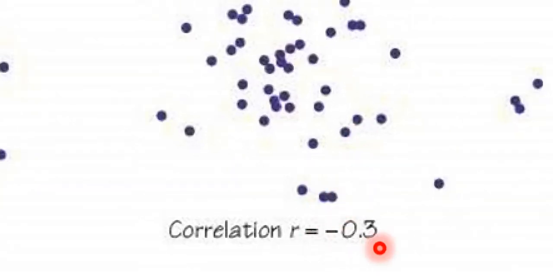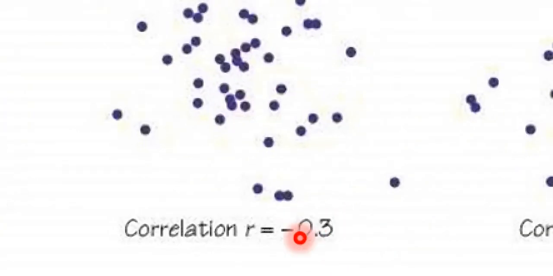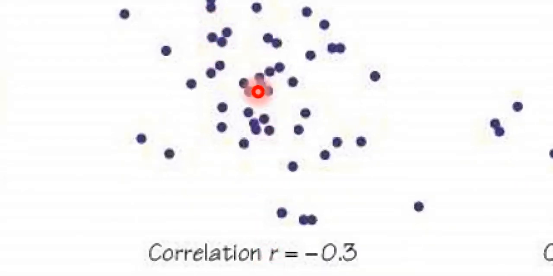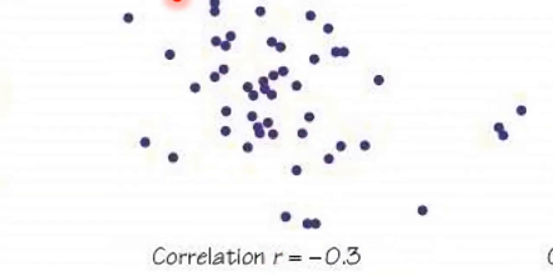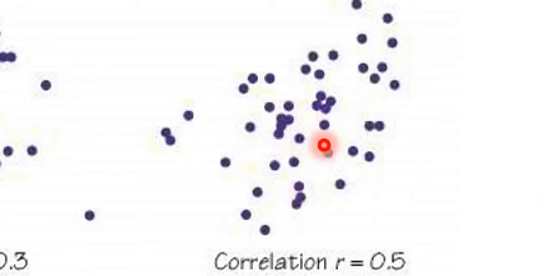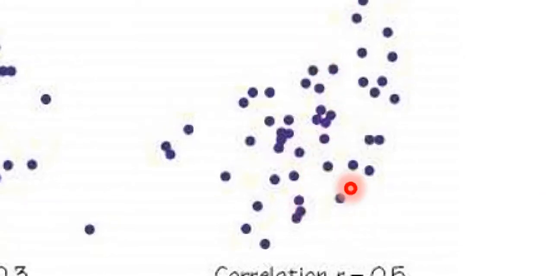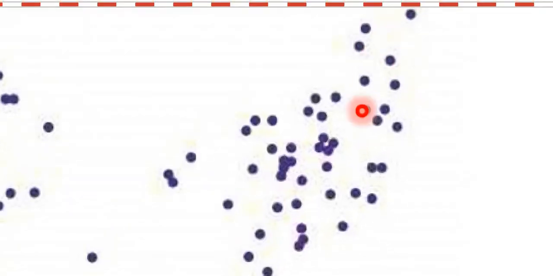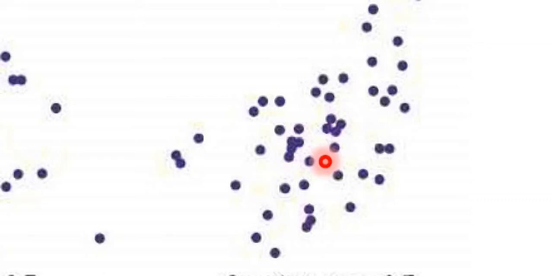Here, it's close to 0.3. However, we can see that there's a general trend that it's going down from left to right here. Here, halfway between 0 and 1, it's as if we can see that the trend is going up from left to right, and the points are somewhat closer to each other.